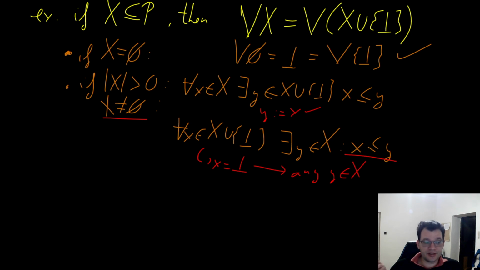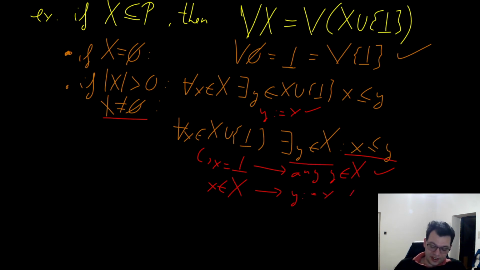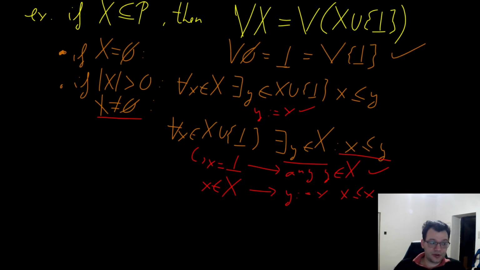And if X is not the bottom element, then it's a member of the set, so Y can be chosen to be X because it's also a member, and reflexivity comes in, so that's also fine. X is an upper bound of X. Yeah, so it's written here.